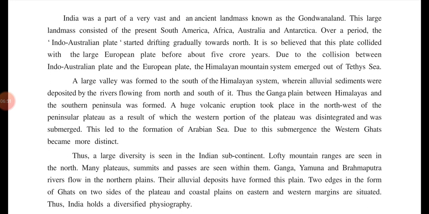A huge volcanic eruption took place in the northwest of the Peninsular Plateau, as a result of which the western portion of the plateau was disintegrated and submerged. This led to the formation of the Arabian Sea.